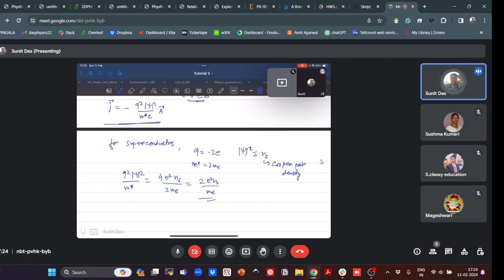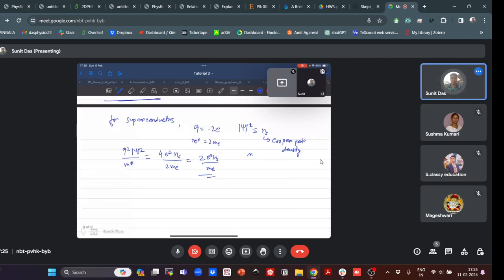So this way we can simplify. Or sometimes we represent ns to be 2 mod psi square, since the Cooper pair density necessarily involves 2 electrons. Just a second, am I making some mistake?